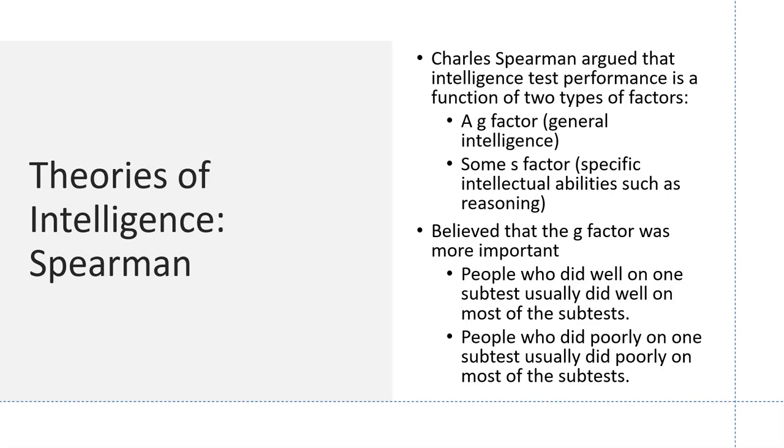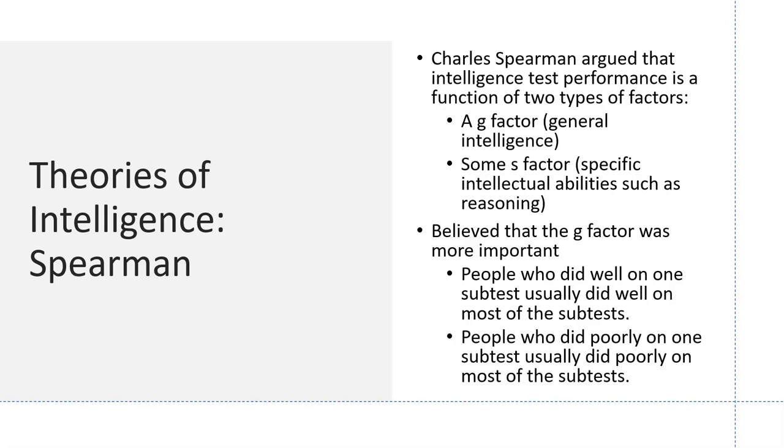He believed that being successful, and by that being successful in school, was largely related to the G factor. People who did well on one subset, even if you're looking at the S factors, tend to do well on many of them, as opposed to doing well in only one or two.